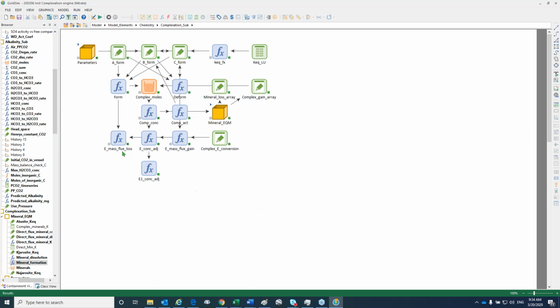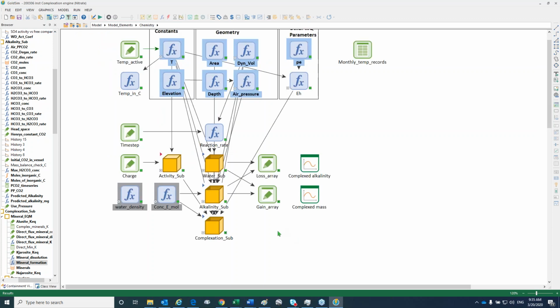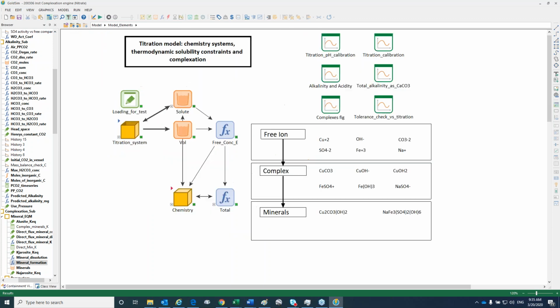Okay, now I just want to talk a little bit about how the logistics works, because the logistics is quite a complicated maneuvering as well. Because we're moving mass from a free ion state into a complex state and then subsequently into a mineral state, we need to keep track of our mass.